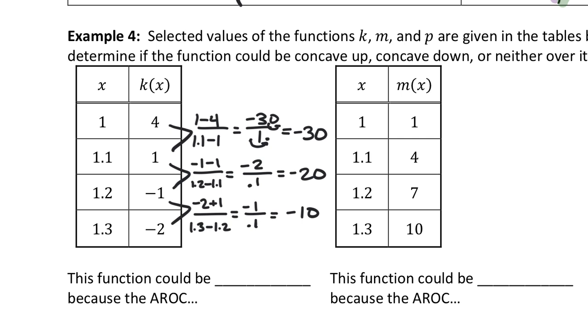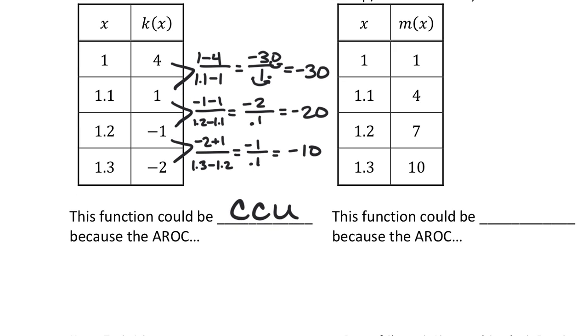They're getting bigger, which means the graph is going to be concave up, again, because the average rate of change is increasing. If the average rate of change is increasing, that means we're concave up. Those numbers are getting bigger. So our function at this point is concave up. The average rate of change is increasing.